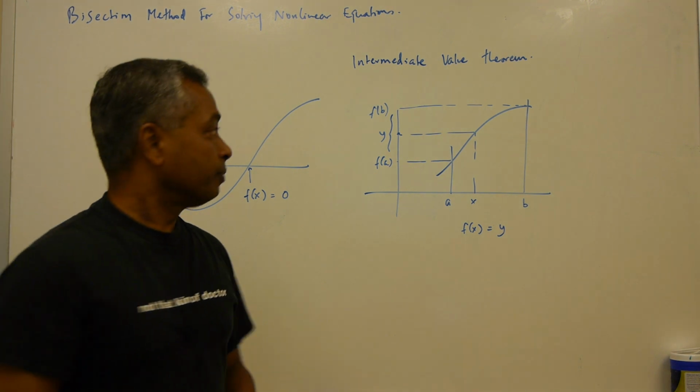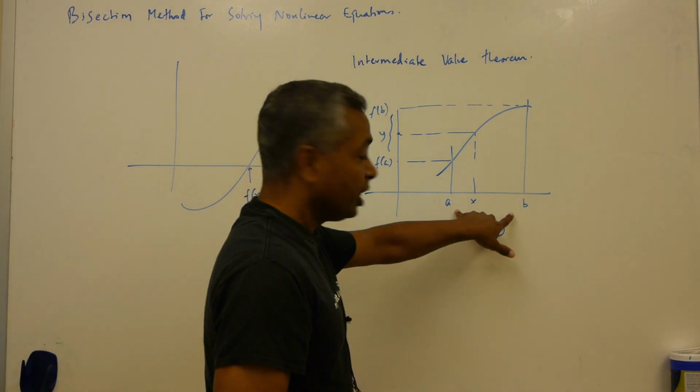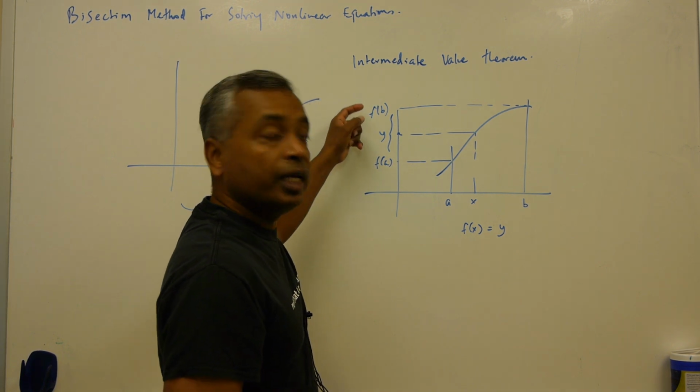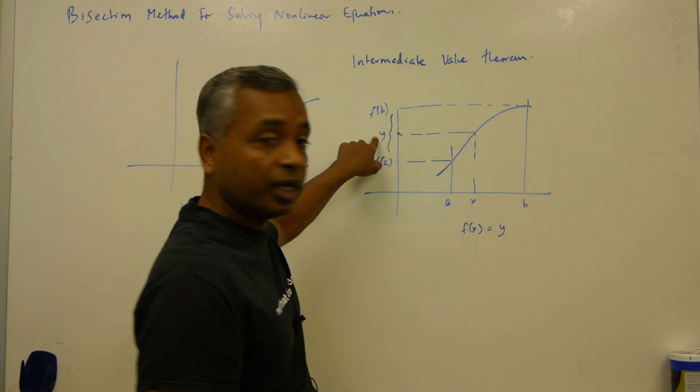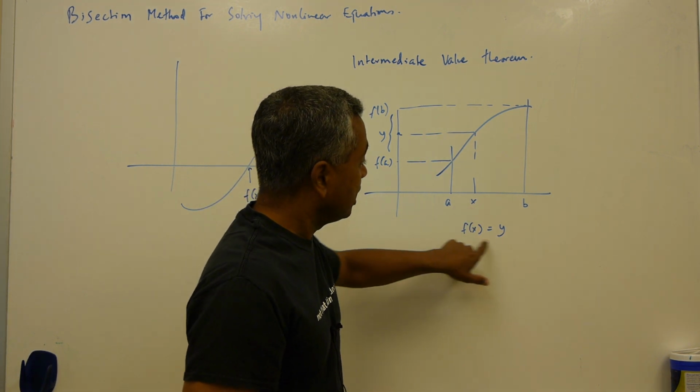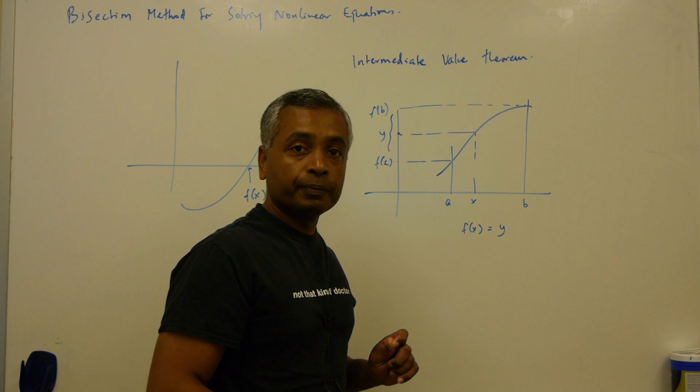Okay, so once again, I give you an interval a, b, and then I'm looking at fa and fb, and all the intermediate value theorem says is that if I were to pick a y in the middle of fa and fb, then there must exist an x such that f of x equals y.